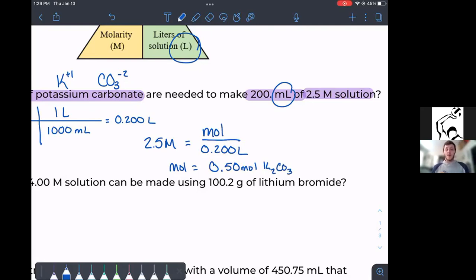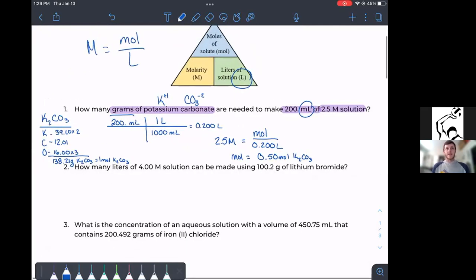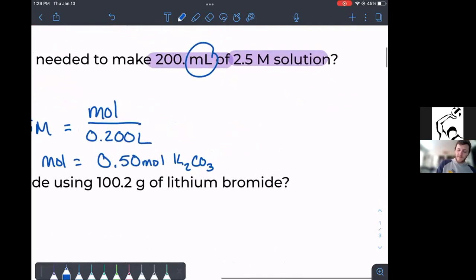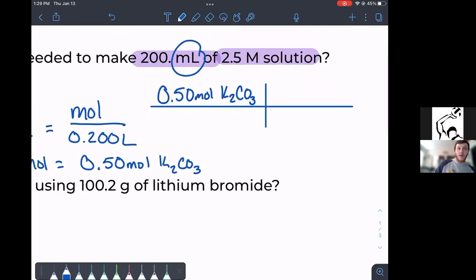Now that I know the moles from that molar solution, I can convert my moles to grams. So I need to set up my railroad tracks one more time, and I'm going to plug in my 0.50 moles of potassium carbonate on the top left. I'm going to use my molar mass to figure out my grams.